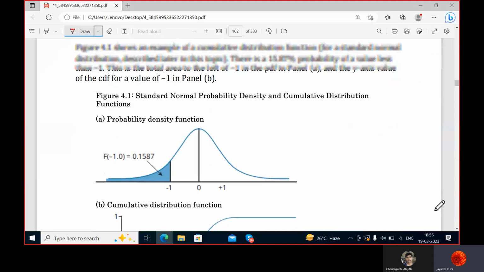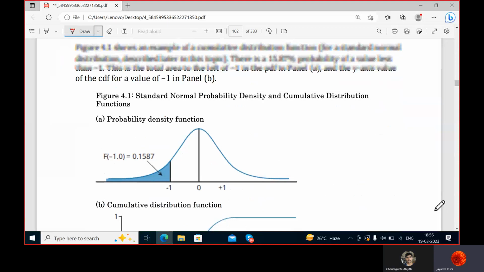So we will see the figure here. Figure 4.1 shows an example of a cumulative distribution function for a standard normal distribution. The standard normal distribution is always used when you have continuous data. There is a 15.87 percent probability of values less than -1, that is 0.1587.